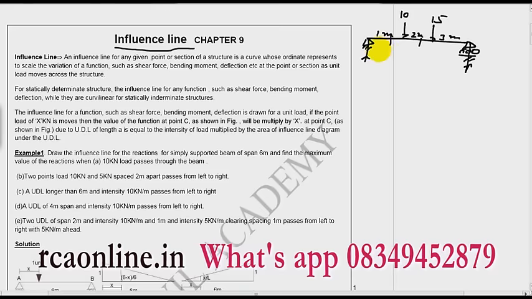Now in the influence line we do exactly the opposite of this. So what is the opposite? I will have a beam without any loading. First, there is no load on the beam. Now I will place a 1 kilonewton load outside the beam, and then travel this 1 kilonewton load on the beam.